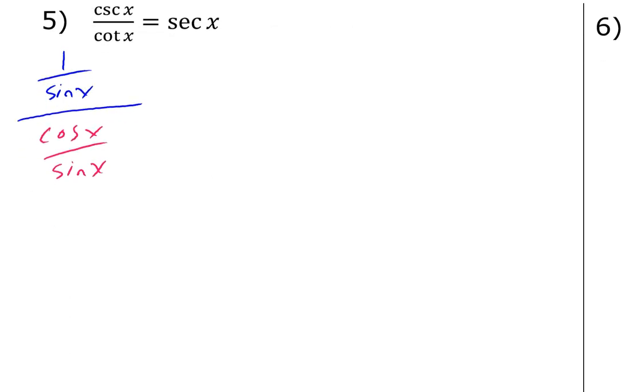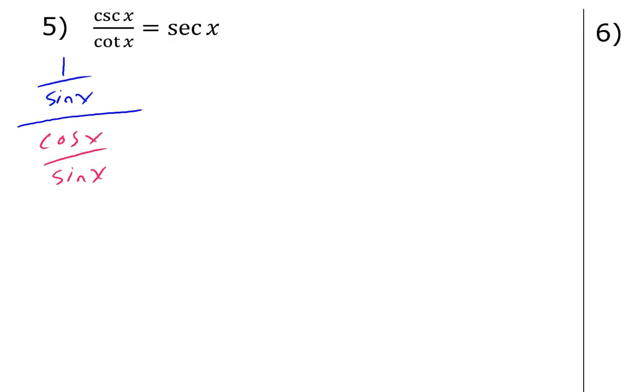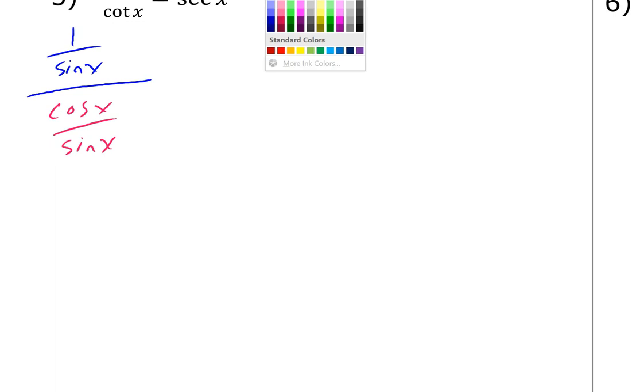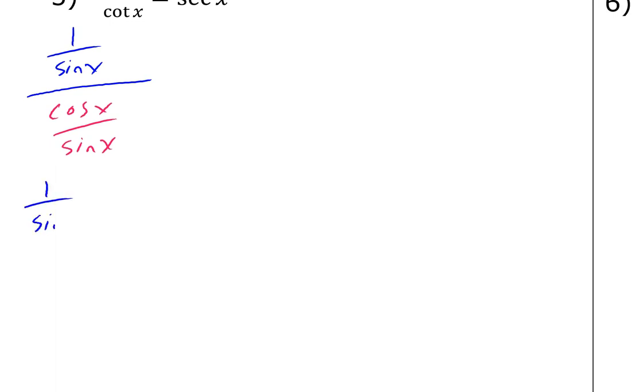Alright, now, when you have a fraction divided by a fraction, you multiply by the reciprocal. So what I have is 1 over sine x times, and I'm going to do the reciprocal here, so this would be sine x over cosine x. Now I'm noticing that I have a sine in the top and the bottom, so those will cancel.